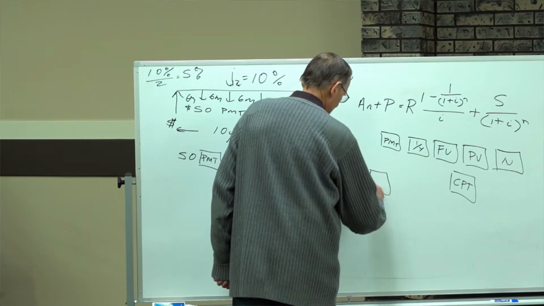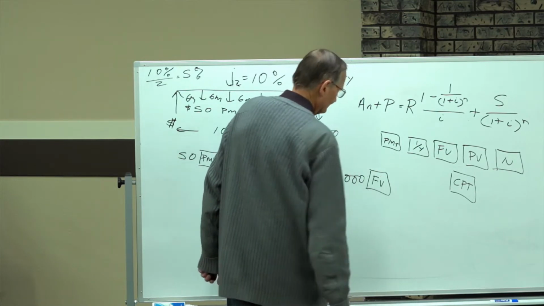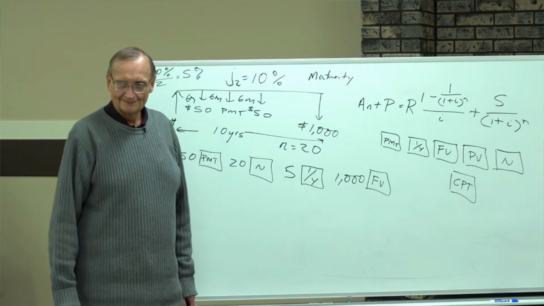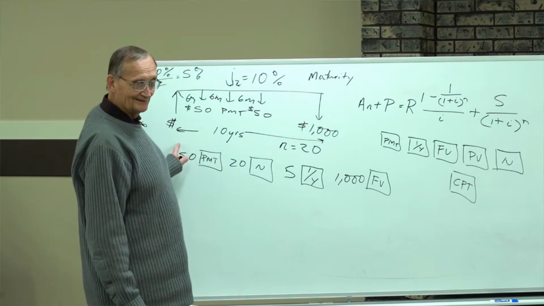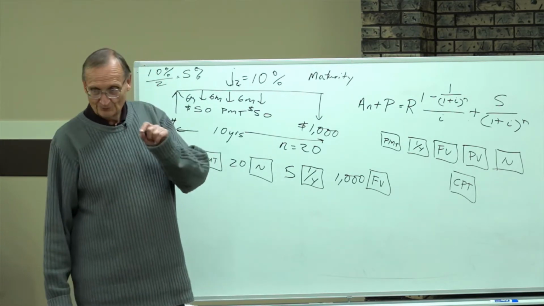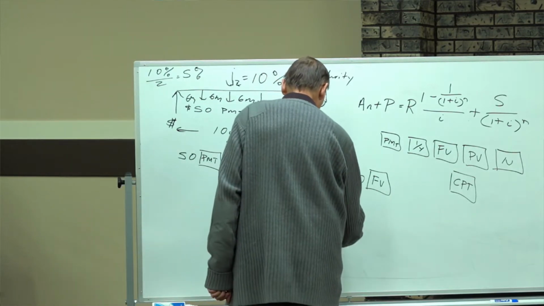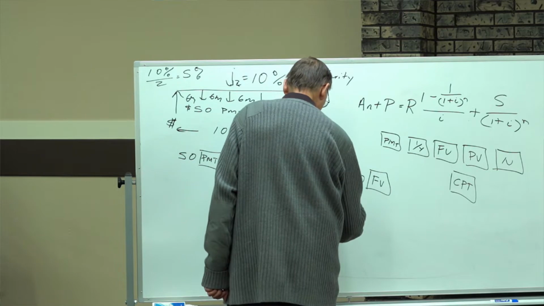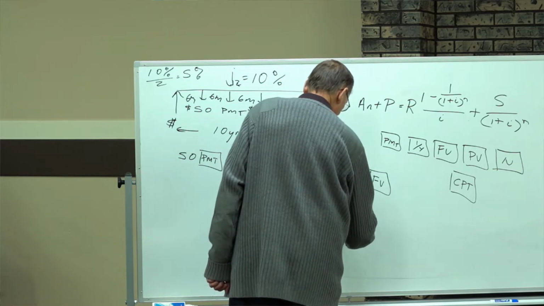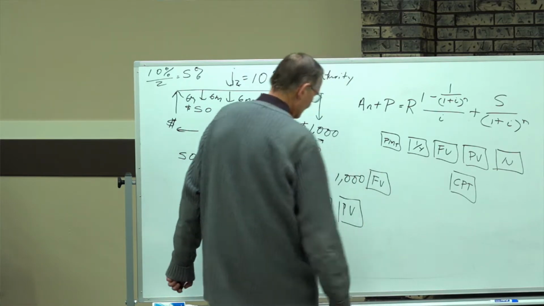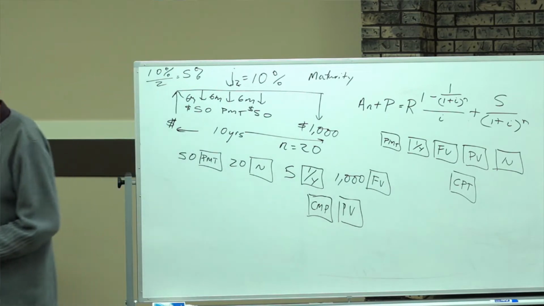We okay there? And what do I need to find out? The present value. What is it worth today? So you tell me. But you're going to need to go compute present value. Go ahead and have a try. See what number you get.